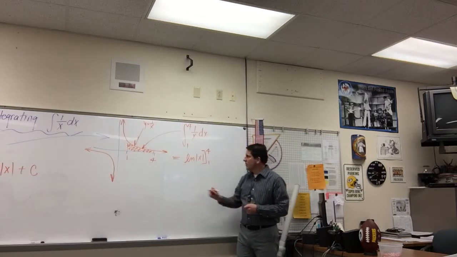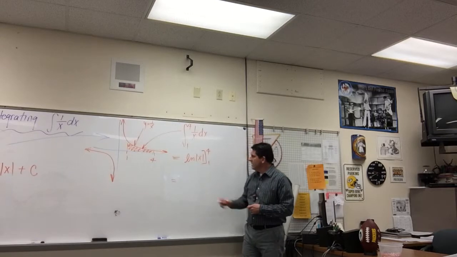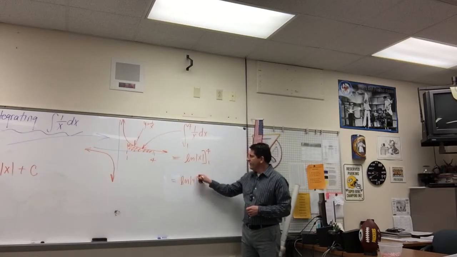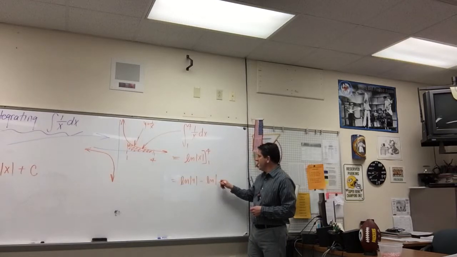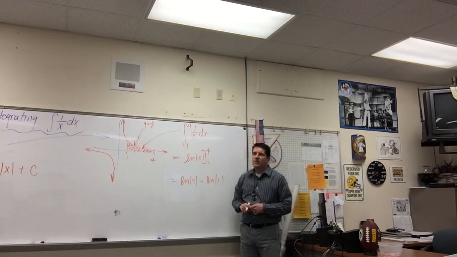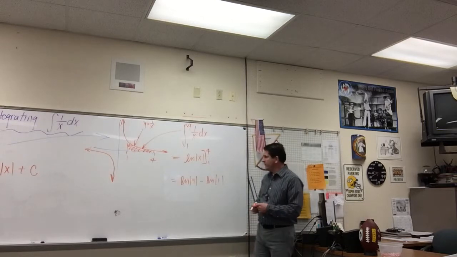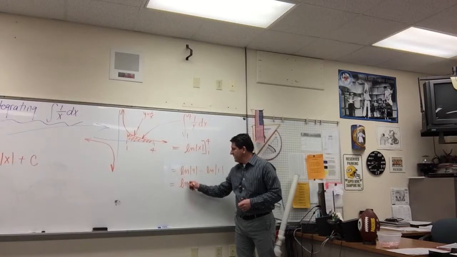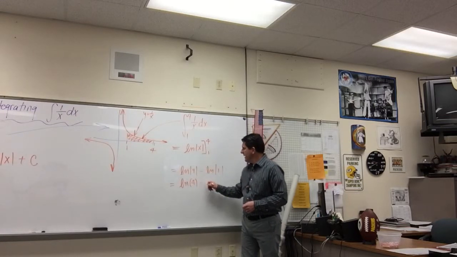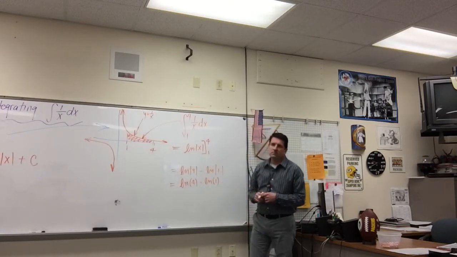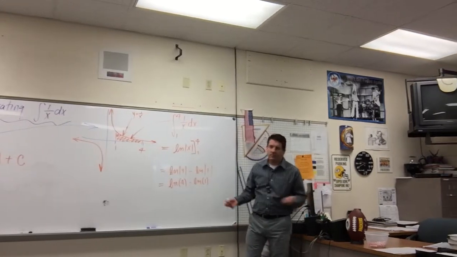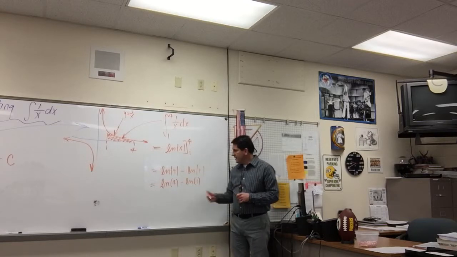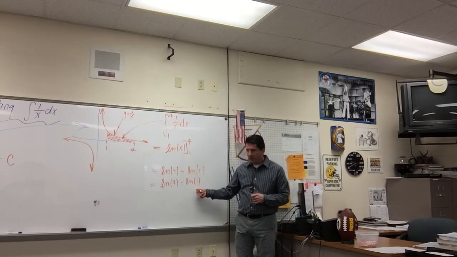Which means that this becomes the natural log of the absolute value of 4 minus the natural log of the absolute value of 1. But I can actually just drop off the absolute values because both of them are positive anyway. Which means this is the natural log of 4 minus the natural log of 1. Natural log of 1 is 0.